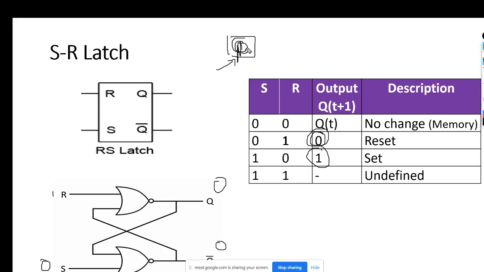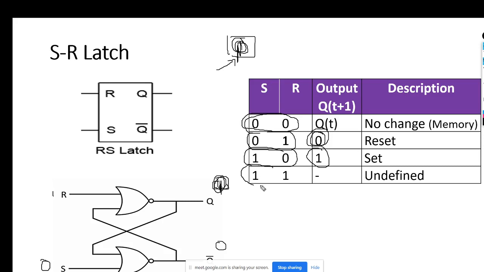If you want to make it 0, make sure your R is 1 and S is 0. That is how you reset and set your memory cell. When both are 0, it is going to retain. If it is 1, it keeps on 1. If it is 0, it keeps on remembering 0s, right? But we have a special condition, that is when both S and R are 1.